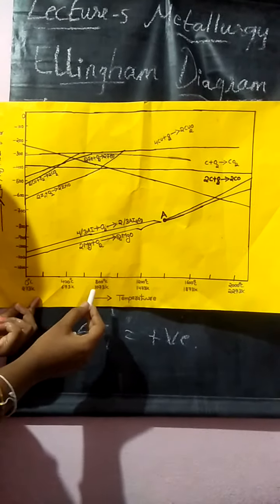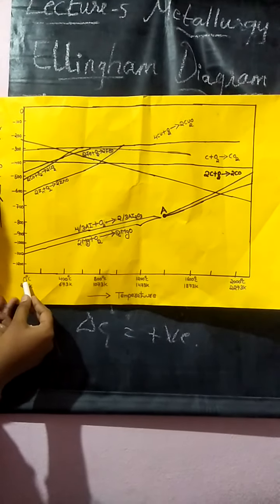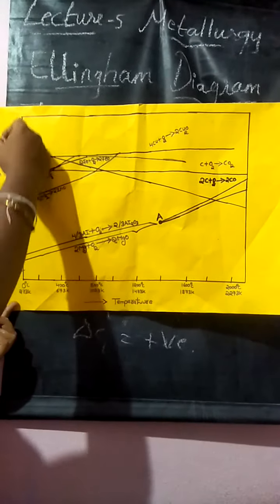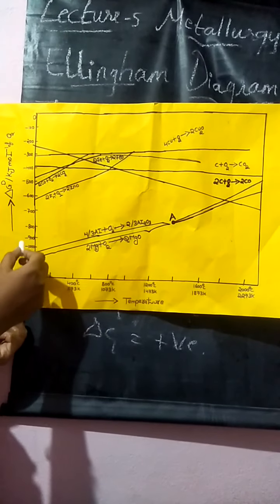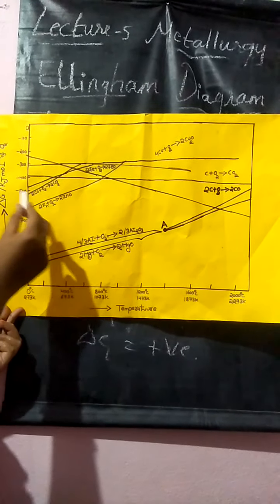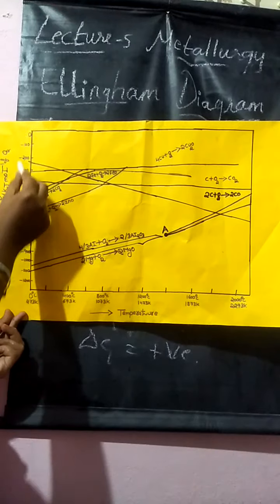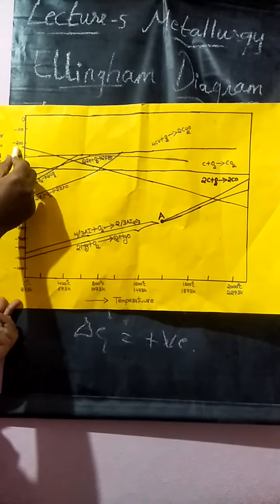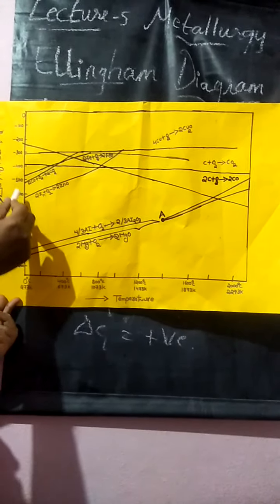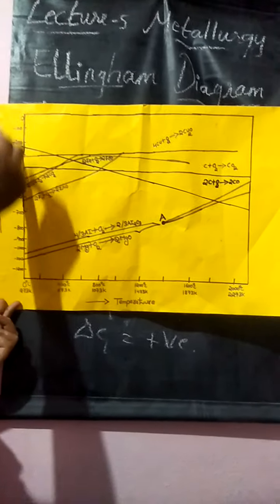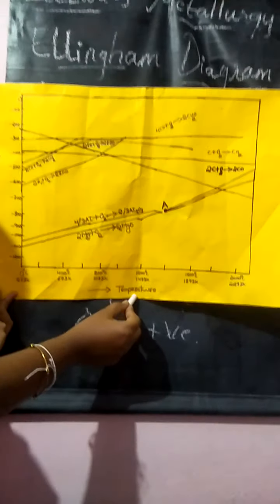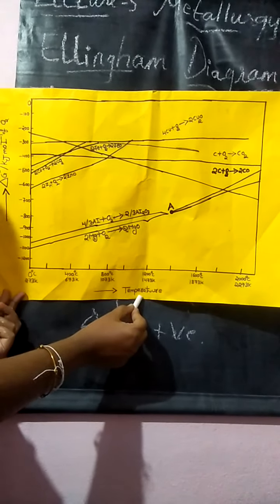Here you can see the temperature, which is given in both degree Celsius as well as in Kelvin, whereas on the y-axis you can see the Gibbs free energy, and you are seeing the negative values of Gibbs free energy, that is from 0 to minus 100, minus 200, 300, 400 and so on. So this is a plot between Gibbs free energy and temperature. This is the first important point of the Ellingham diagram.